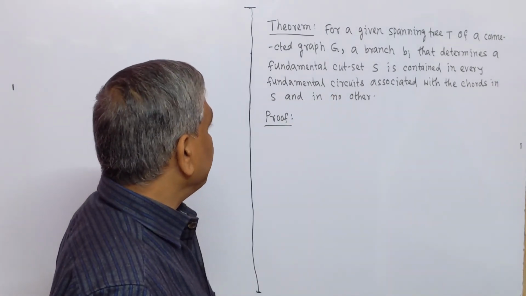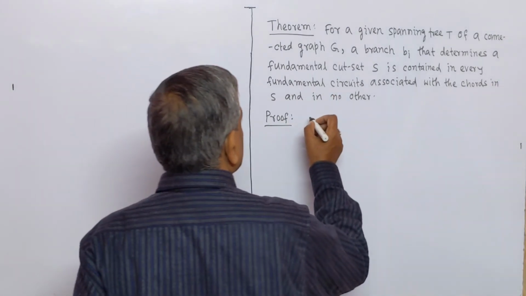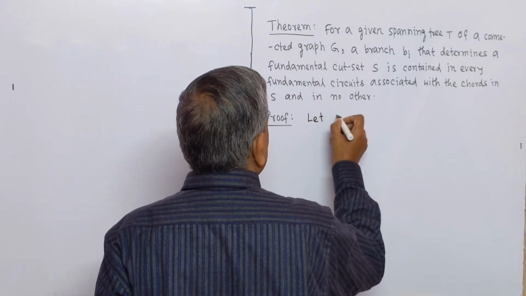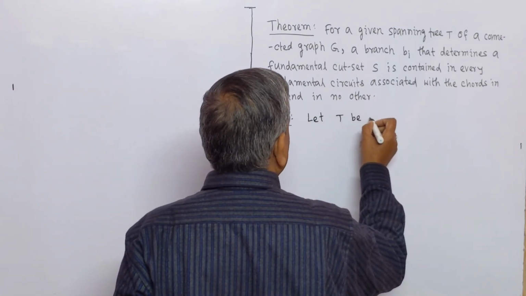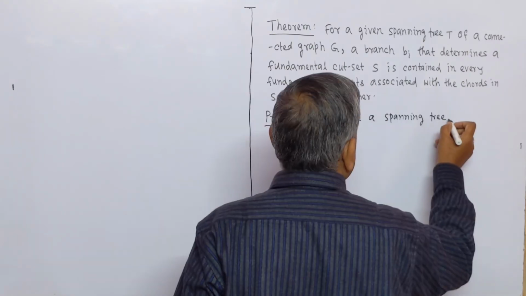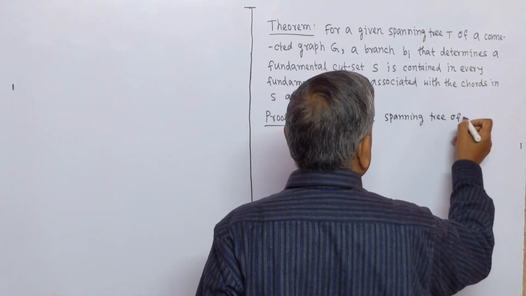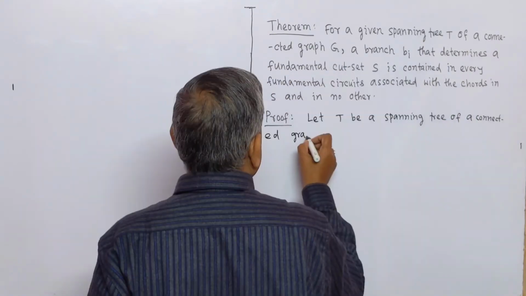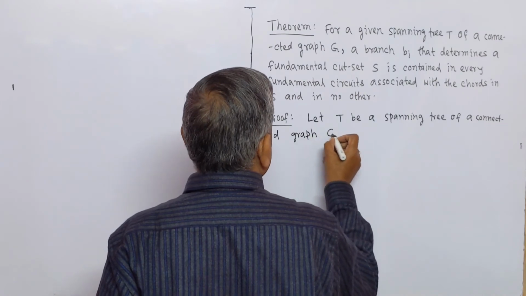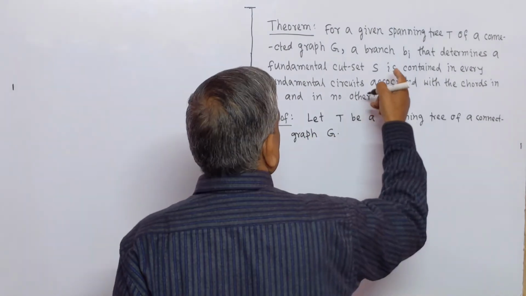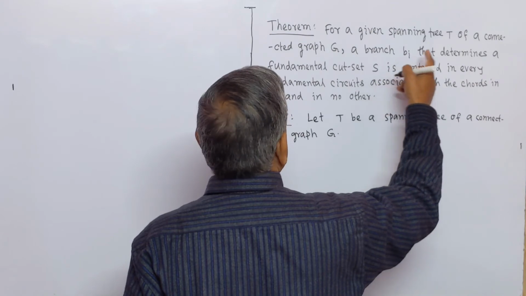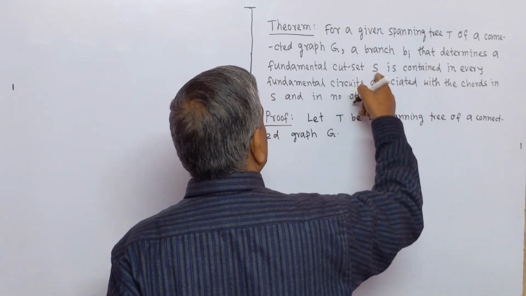Now we prove this. Let T be a spanning tree of a connected graph G. Here Bi determines a fundamental cut set S.